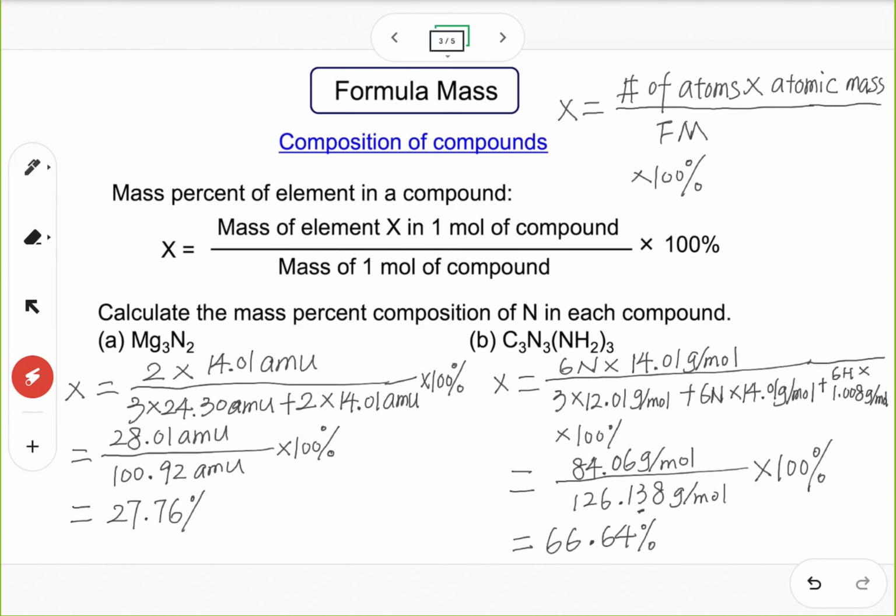Now, go back to the question I asked before we started the discussion here. Why do we care about the mass percent? Because if you know the formula of a compound, you can calculate the mass percent composition of each element. You just follow what we just did.